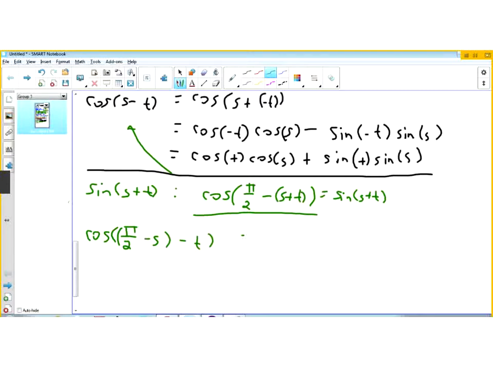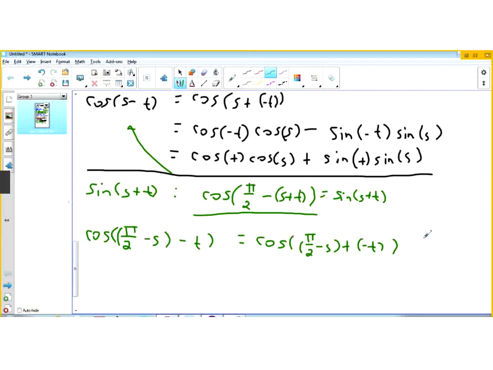Okay, and so we'll use the cosine of the difference of angles to simplify this. So this would be the same as saying cosine of pi halves minus s plus minus t, like so. Okay, so we can group like that, and then we'll just do the same thing.